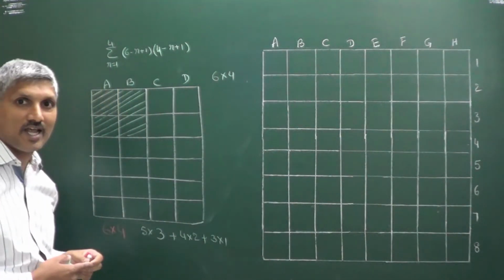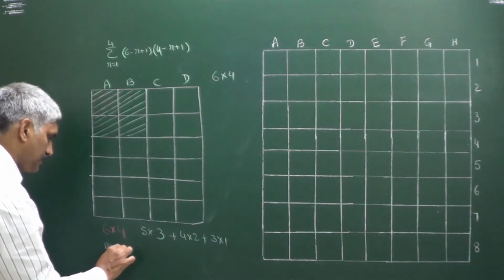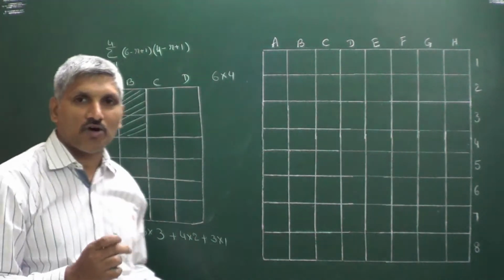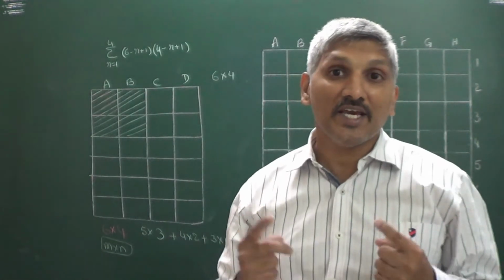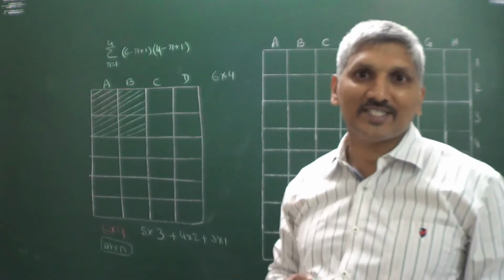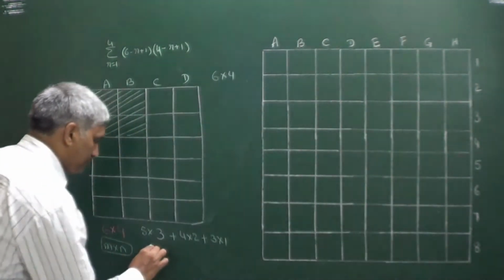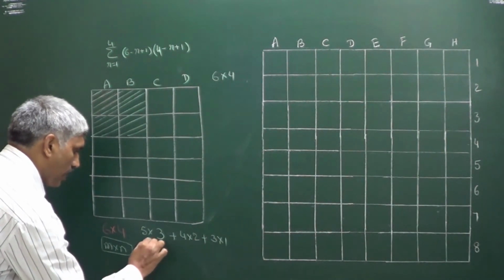Now I can generalize for an m by n grid, the number of squares in an m by n grid. No doubt in an m by n grid the number of rectangles we can say easily is mC2 into nC2, but the number of squares in an m by n grid is given by the summation from r equals 1 to n.